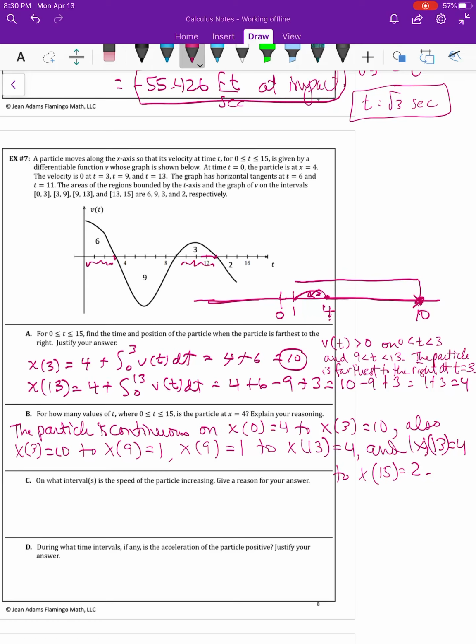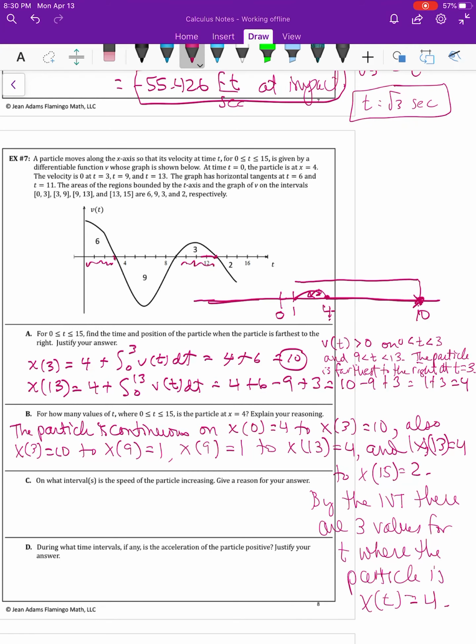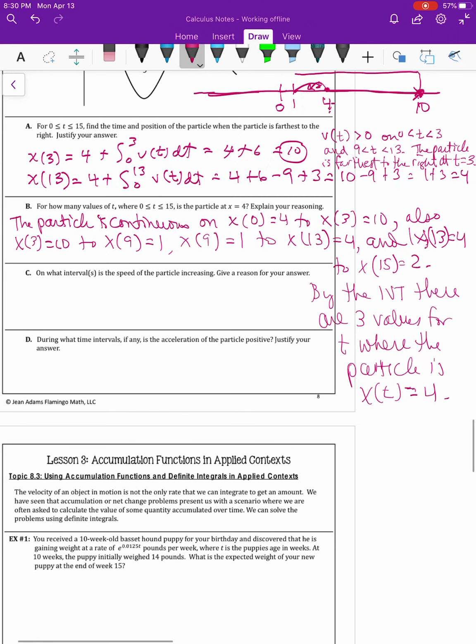And x of 13 equals 4 to x of 15 equals 2. So by the intermediate value theorem, there are 3 values for t where the particle is x of t equals 4.